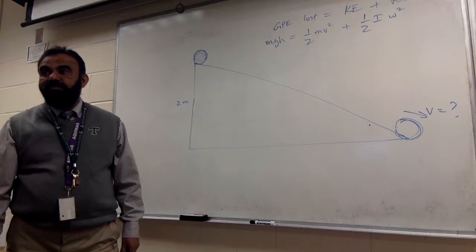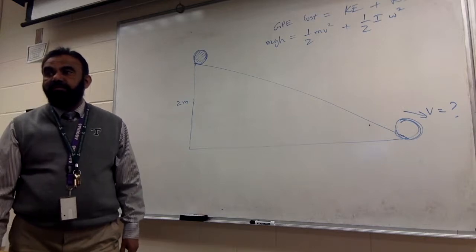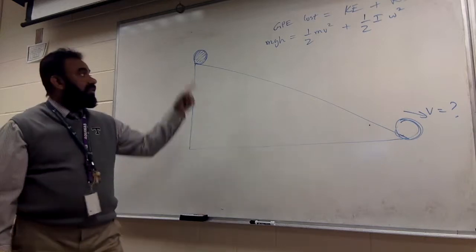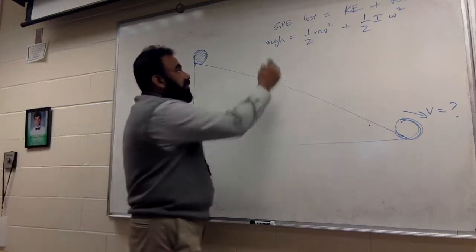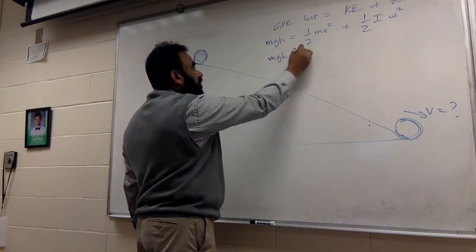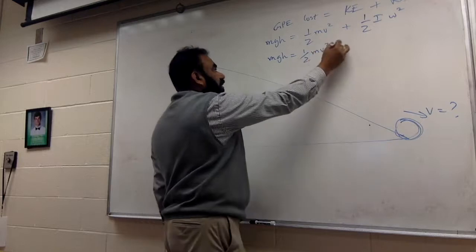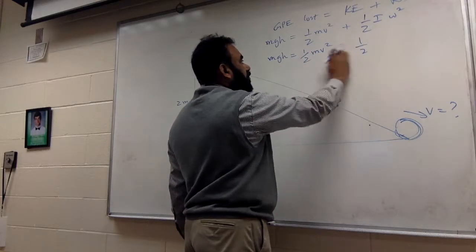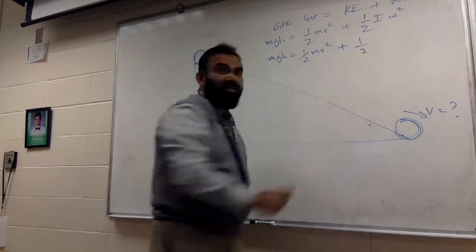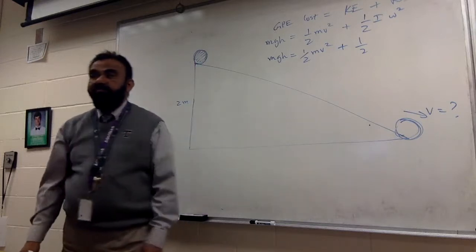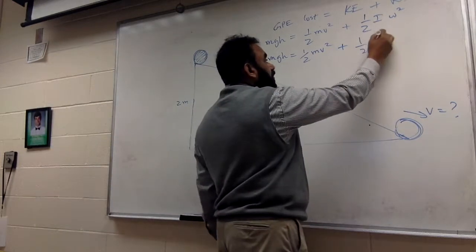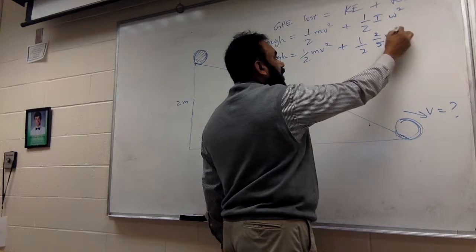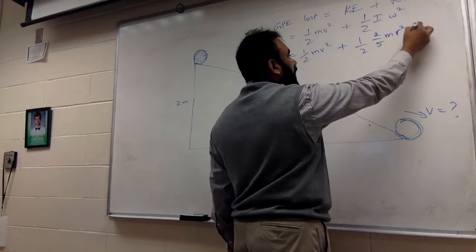I'm going to change it because it's a full sphere. It's a solid sphere. So therefore mgh is equal to half mv squared. What is the formula for the moment of inertia of a solid sphere? 2/5 mr squared, and then bring the omega squared back there.